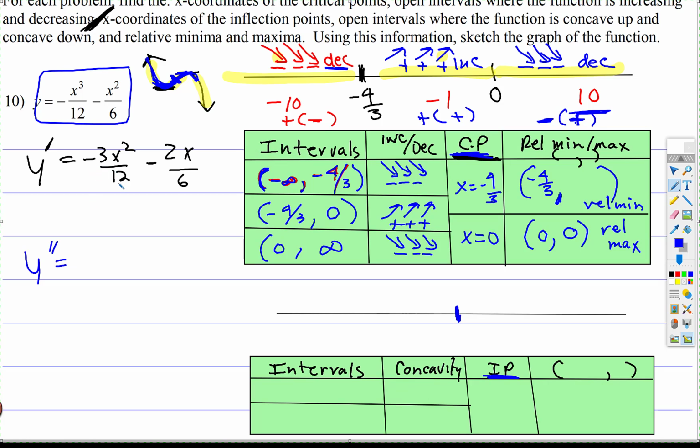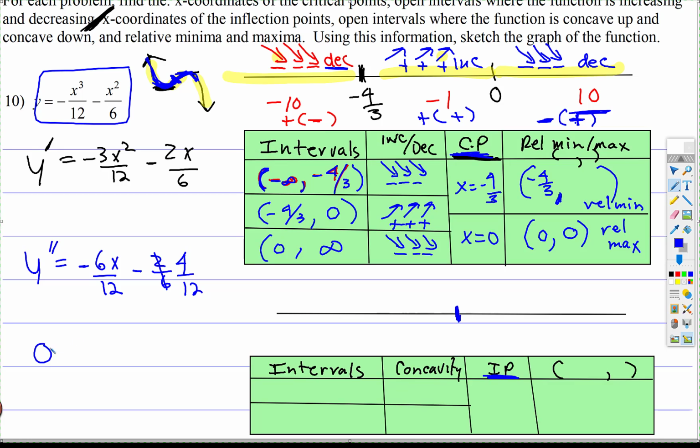Well, negative 3/12 x squared, you bring the 2 down, and that would be negative 6x over 12, and then subtract 2/6, negative 2/6 is the derivative of negative 2/6 x. And then I'm going to multiply again top and bottom by 2 so that the denominators are the same. So that's going to be 4/12.